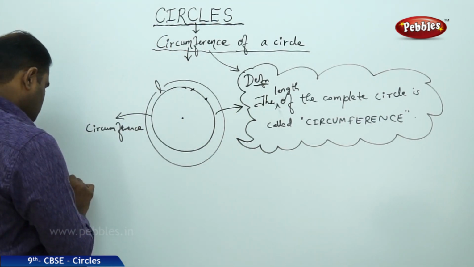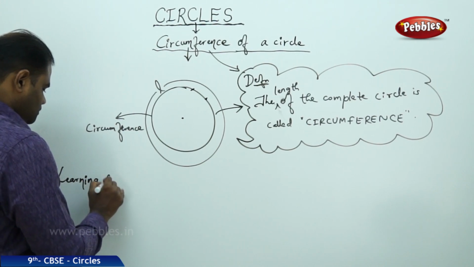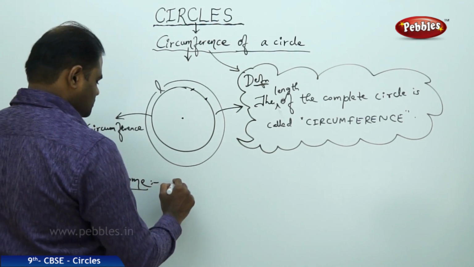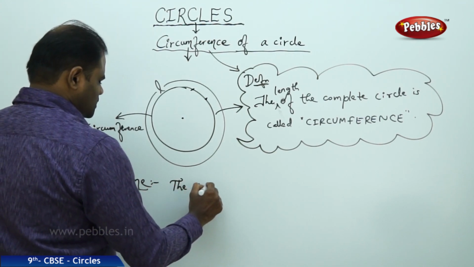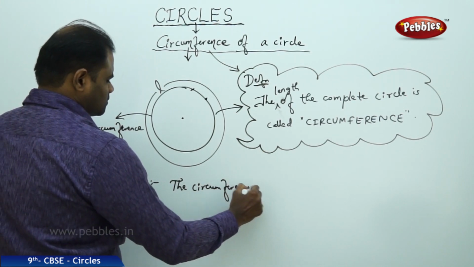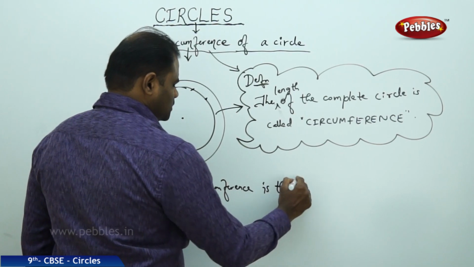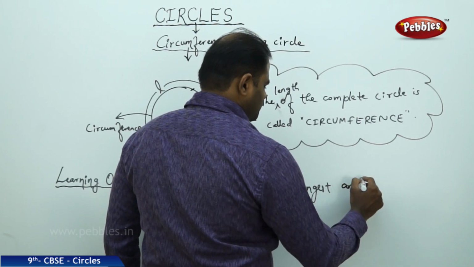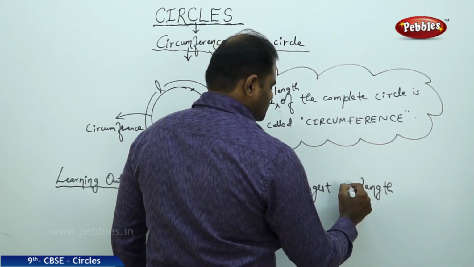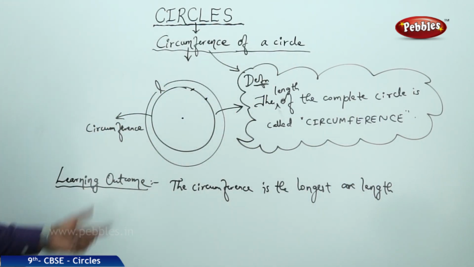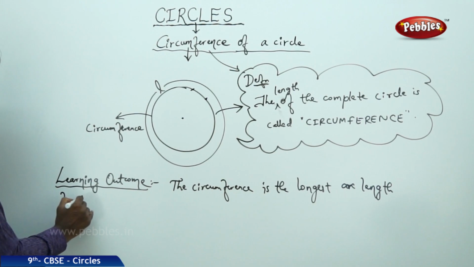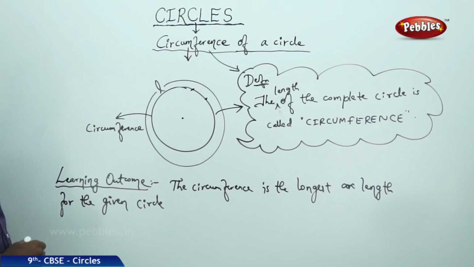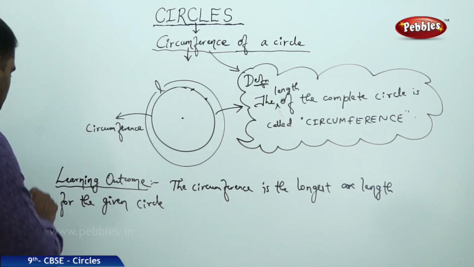So my learning outcome here is that the circumference is the longest arc length for the given circle, or the maximum arc length for the given circle.